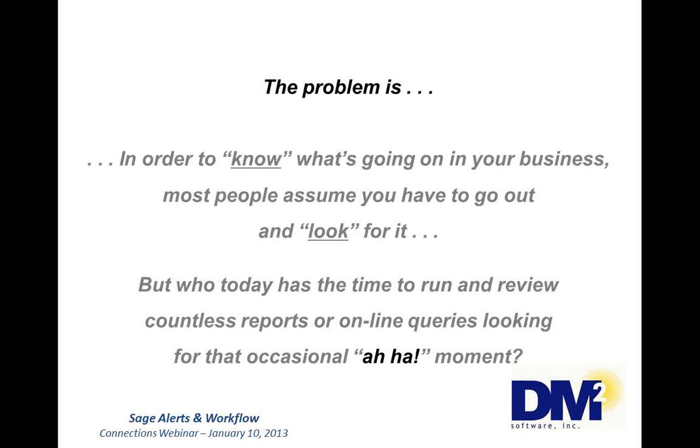You have to proactively run reports and queries, and sometimes these reports can be 10, 20, 30 or more pages long, and you've got to look for just those one or two aha moments or instances where you say, okay, this is something that requires our attention.